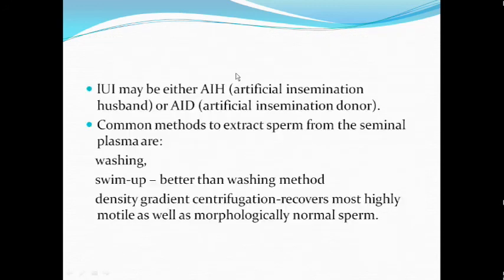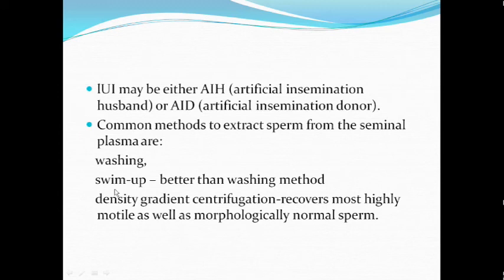IUI may be either AIH from the husband or AID from the donor. The common method to extract sperm from seminal plasma is washing, which is the oldest method. It is not done nowadays. Swim up method is better than the washing method, and the best method is density gradient centrifugation, which requires highly motile as well as morphologically normal sperms.